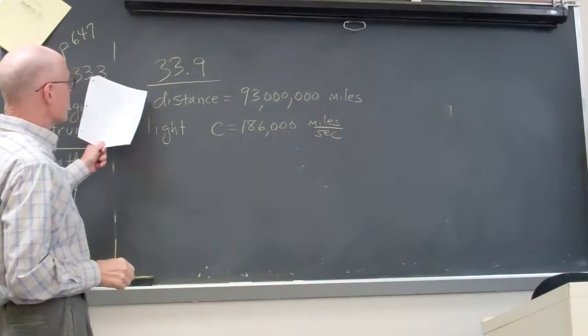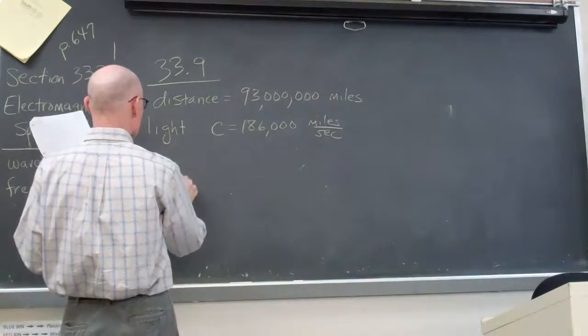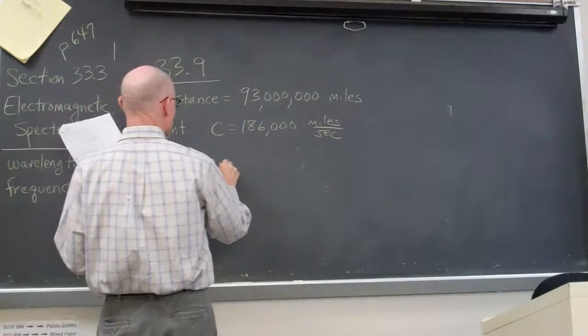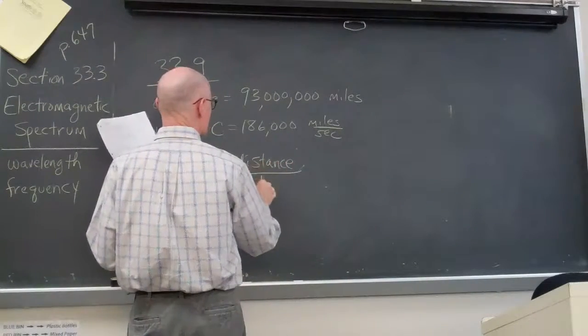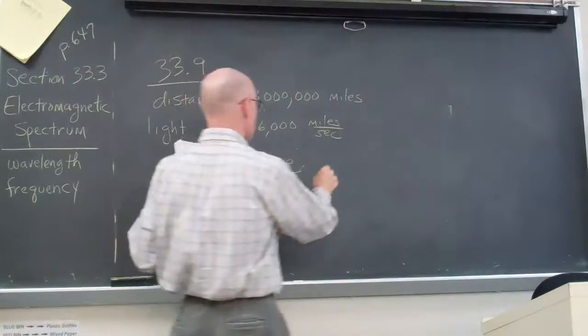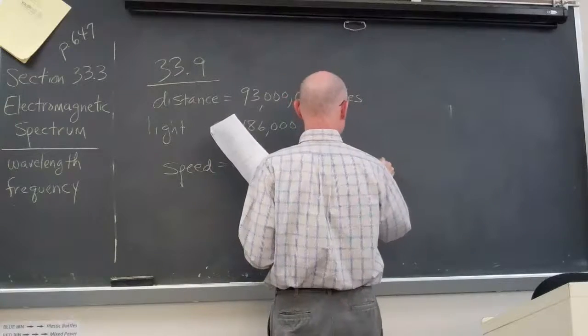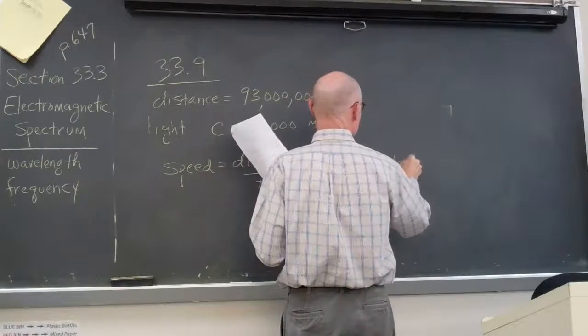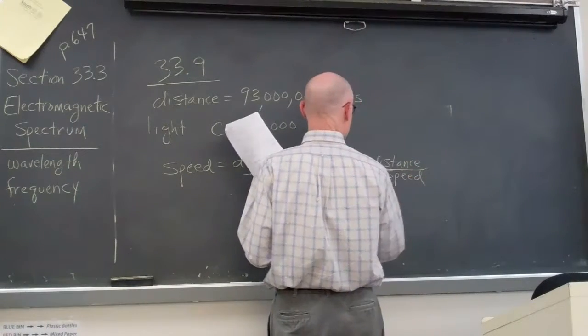So we're dealing with distance, speed, and we're asked for time. So we're using the speed equation. Speed is equal to distance divided by time. You need to manipulate the equation to get it into the right form. Time is equal to distance divided by speed.